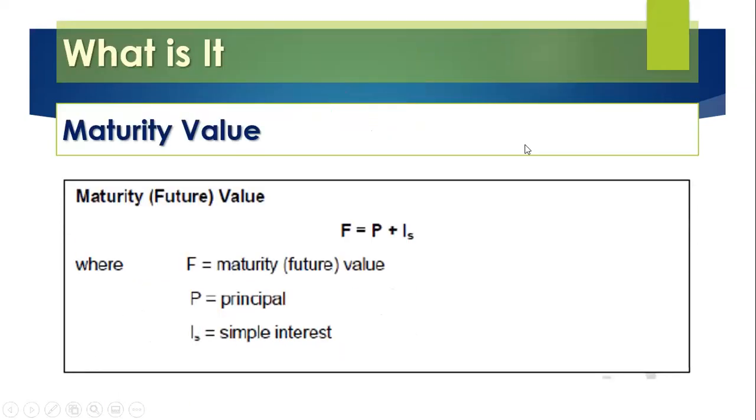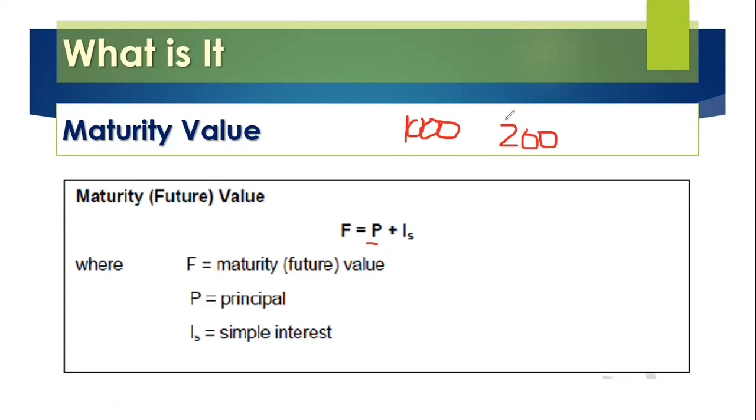Now, maturity value. Ito, okay? So, ini-add lang natin yung simple interest or yung kinita, yung the money earned by simple interest, no? Dun sa P or the principal amount. So, for example, meron akong 1,000 pesos na hiniram sa kaibigan ko, tapos may interest na 200 pesos.